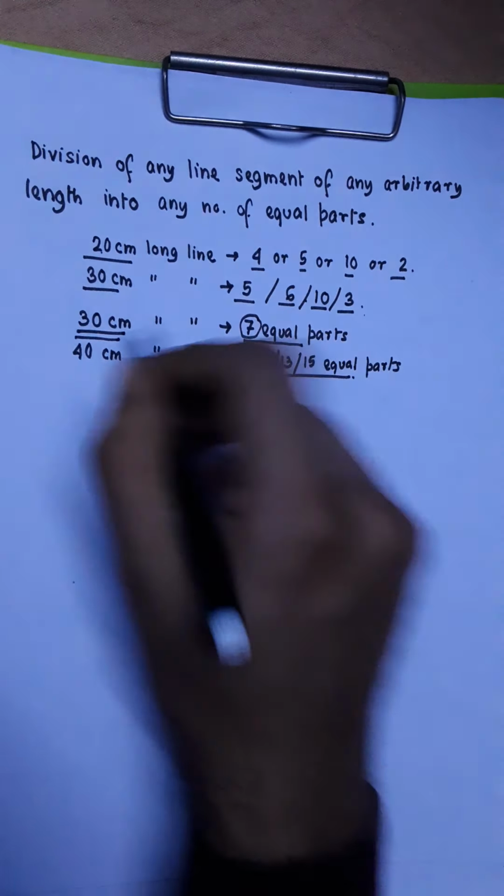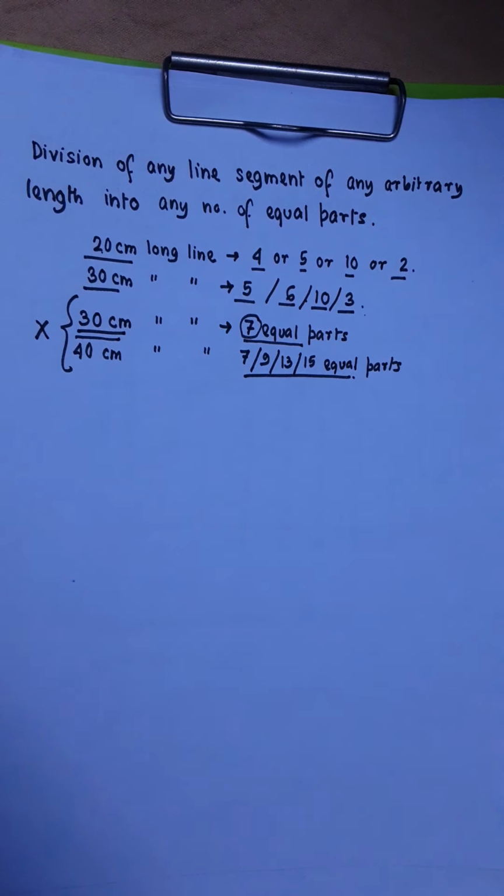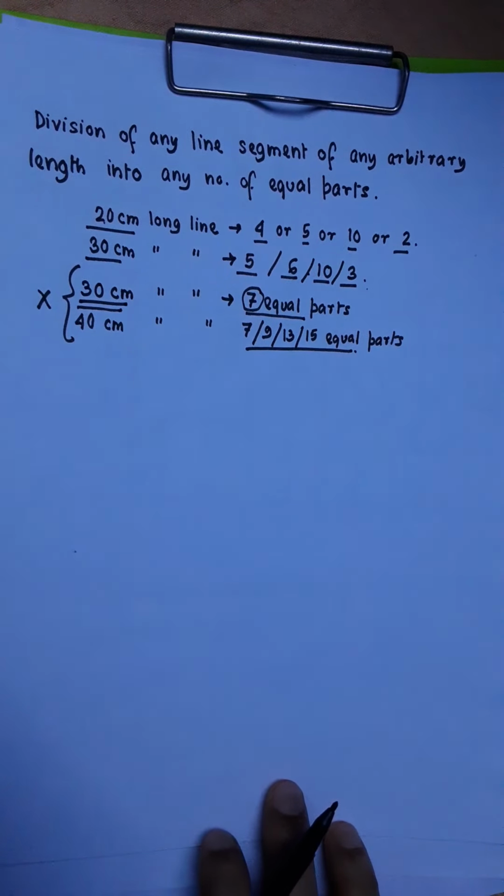Then what to do? These situations cannot be handled by using the ruler. So you have to know a proper geometrical technique which will help you to divide any line of any length into any number of equal parts. Okay, so this is the technique that we are going to learn now.